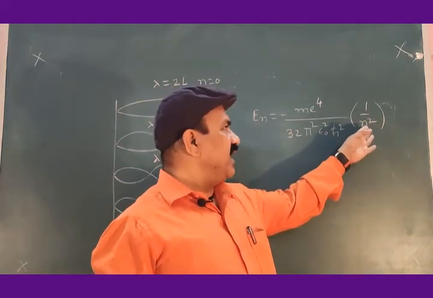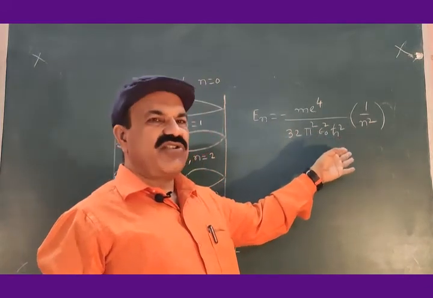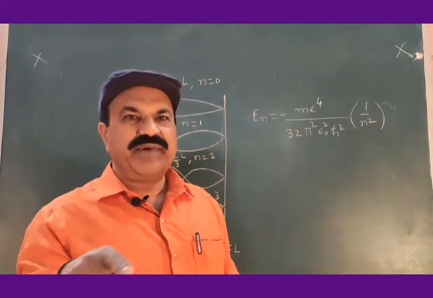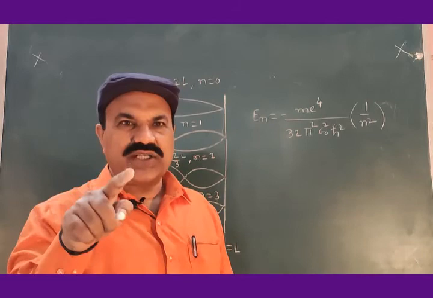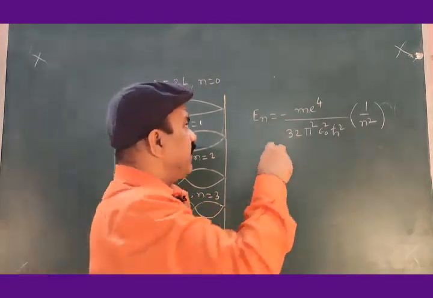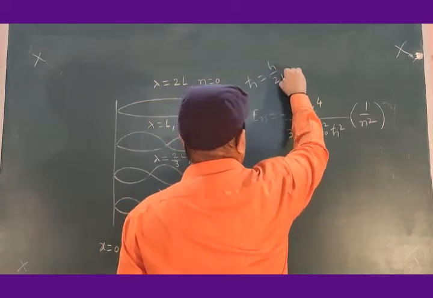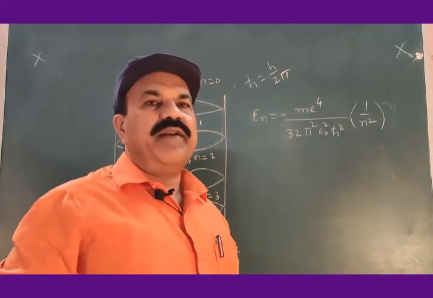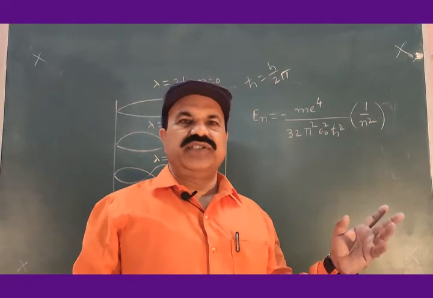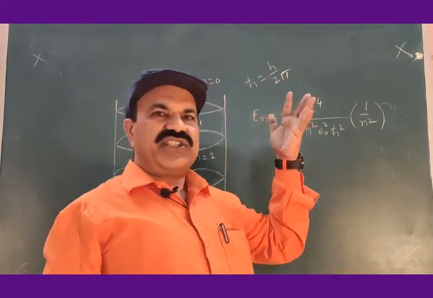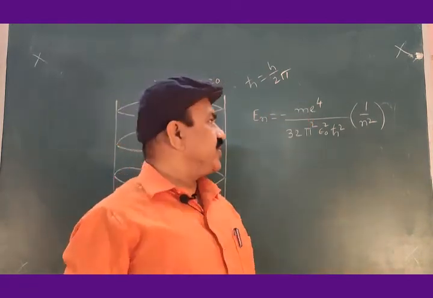n is the principal quantum number, h is Planck's constant, h cross is h divided by 2 pi. It is written as h cross, it is also read as h cross.